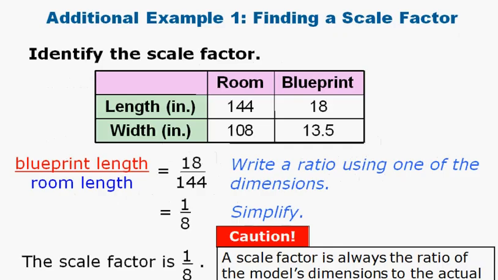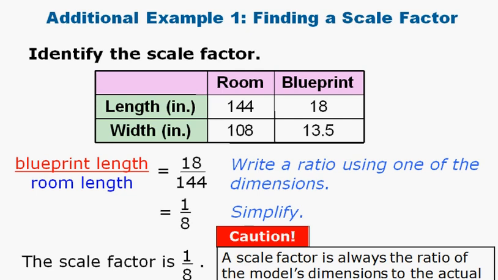So we'll have our first sample question, and this is just a way of looking at it from a table. We're going to identify the scales of a room and the blueprint of a room. So if you're a contractor, an architect, the builder, you're going to look at the blueprint of the building and interpret it to size. You're not actually going to have to lay out the actual size of the room, but you're going to have a paper representation of that.